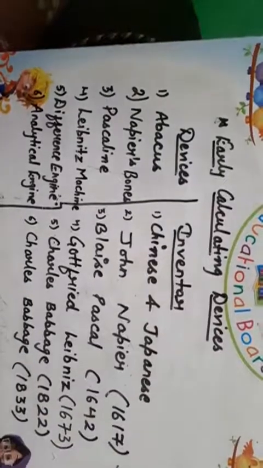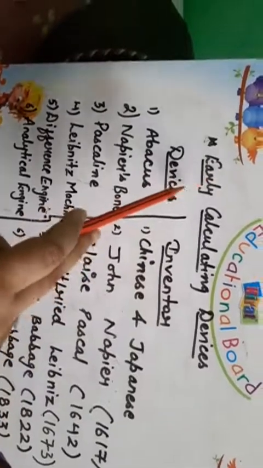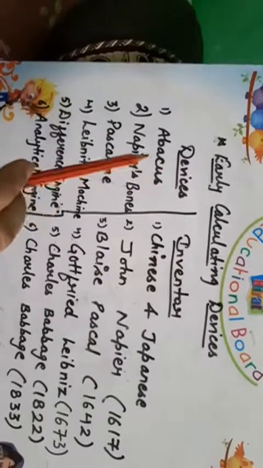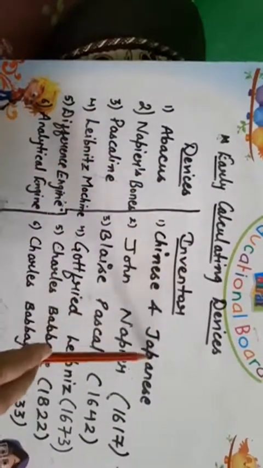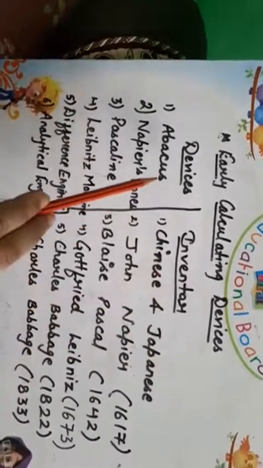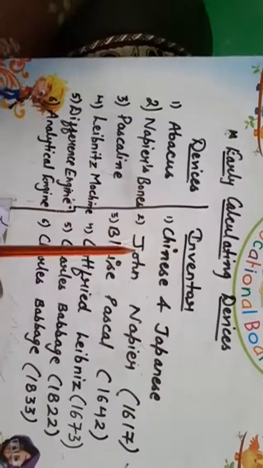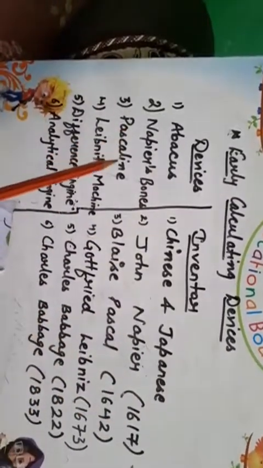Now children, let's take a quick recap of what we have studied till now. We have studied about the early calculating devices, which are as follows. Abacus. It was invented by the Chinese and Japanese. Abacus was the first calculating device. Next one is Napier's bones. It was invented by John Napier in 1617. Next device is Pascaline.